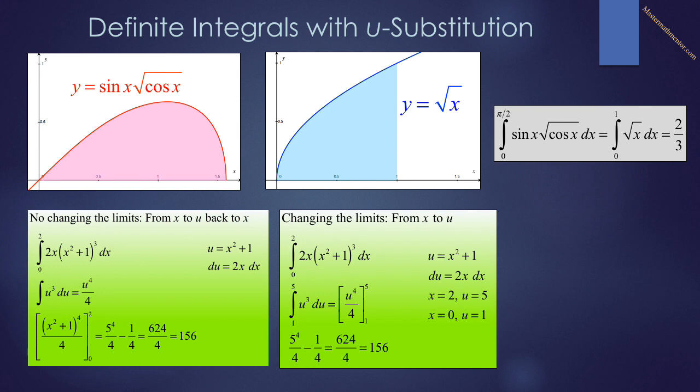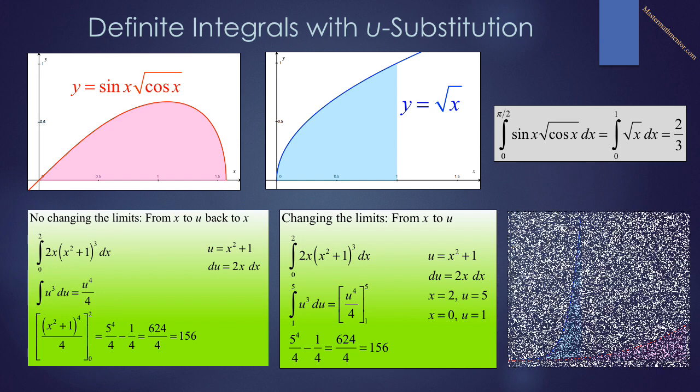By changing the limits, everything is now in terms of u, so we do not have to change anything back to x. So this becomes 5 to the fourth over 4 minus 1/4, and we get the same answer, 624 over 4, which is 156.